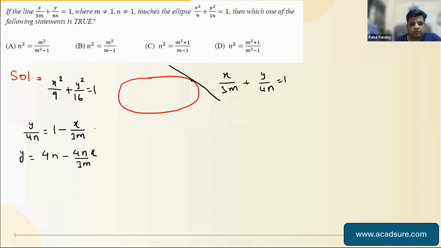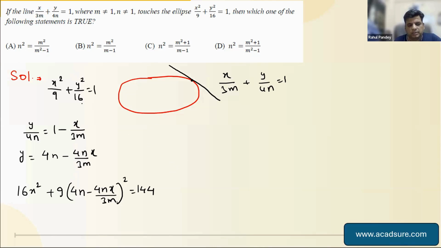Now replace this value of y in the equation of the ellipse. So it is 16x square plus 9 times (4n minus 4n x upon 3m) whole square is equal to 144.